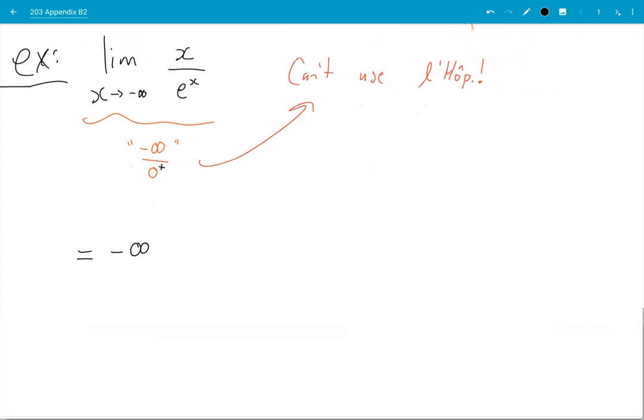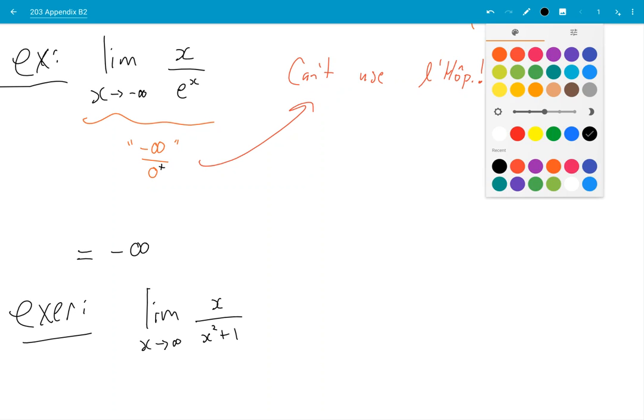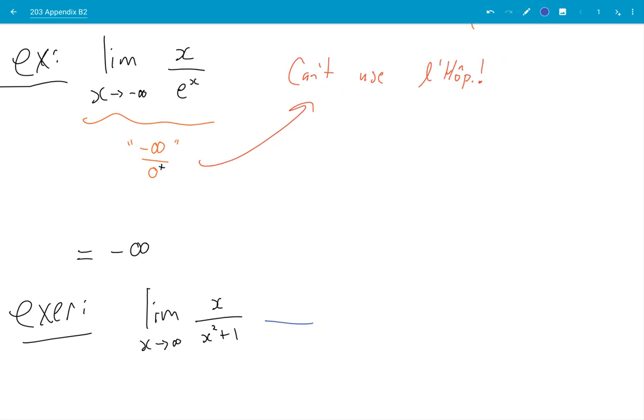Okay, well, what's next? Let's try one as an exercise. Okay, pause, copy, try. So what do I get? I do L'Hopital's rule because this is infinity over infinity.